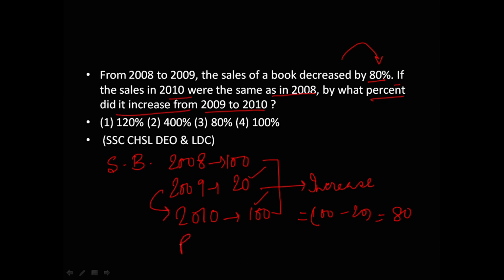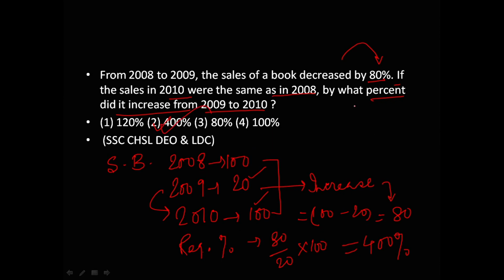So the required percentage of increase is 80 upon 20 into 100, because 20 was the number sold in 2009, and the difference, the increase or gain, is 80. So 80 upon 20 into 100 is 400%. 400% will be the answer. Clear?